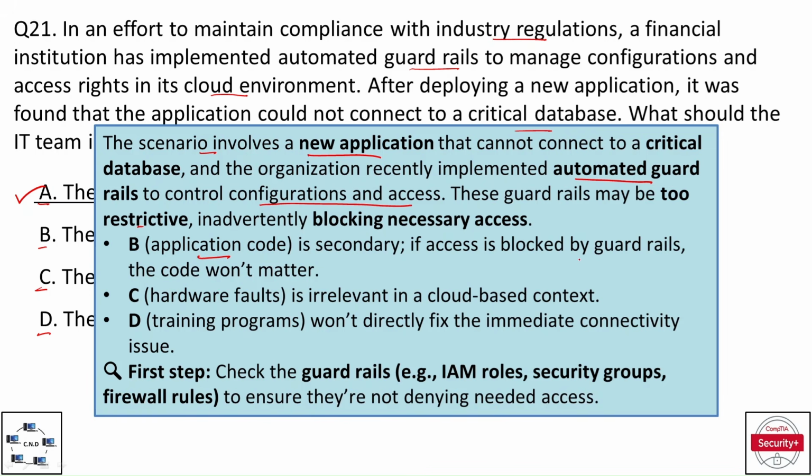If access is blocked by guardrails, the code won't matter. Option C, hardware faults is irrelevant in a cloud-based context. And option D, training programs won't directly fix the immediate connectivity issue. So the first step is to check the guardrails, for example, identity and access management roles, security groups, and firewall rules to ensure they are not denying needed access.